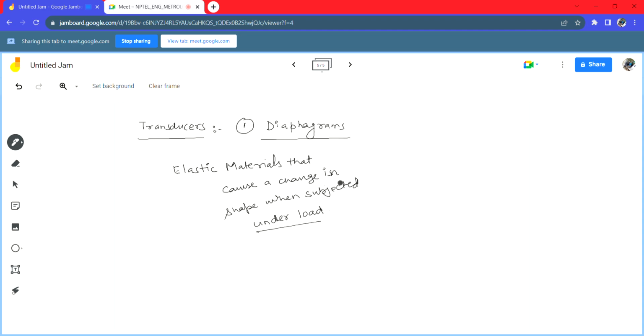So let us say we have this kind of a substrate, and this is a flexible material that has elastic properties.